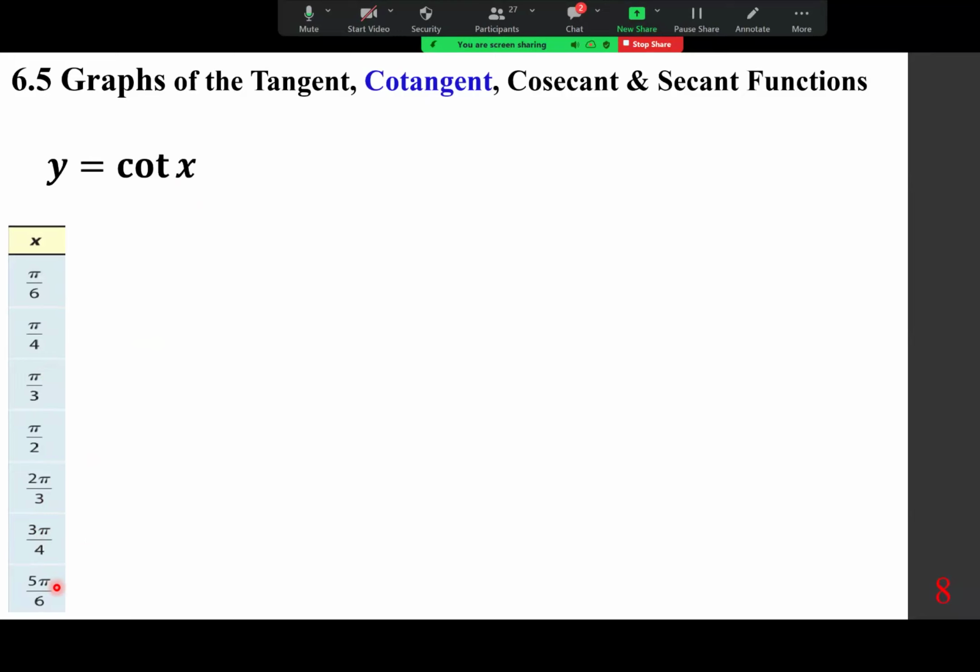And 5 pi over 6 is the same as pi over 6, but it's negative because it's in the second quadrant, so minus square root of 3.